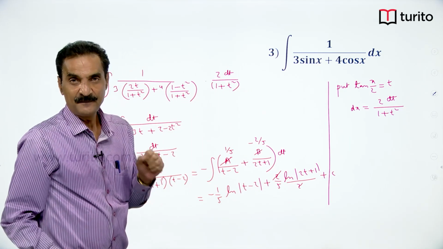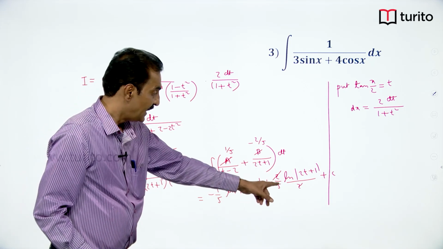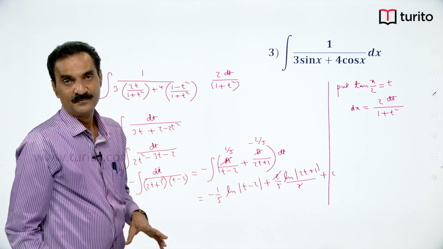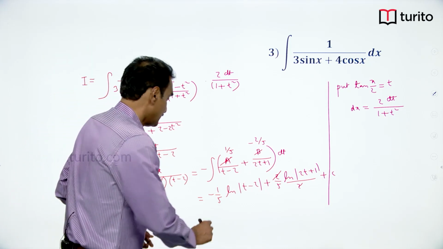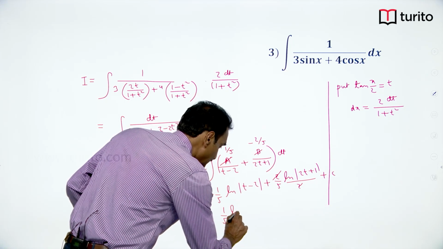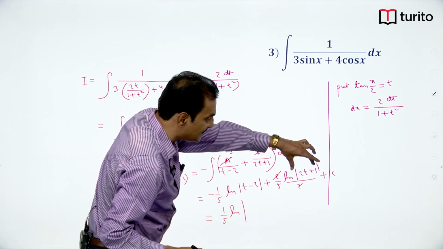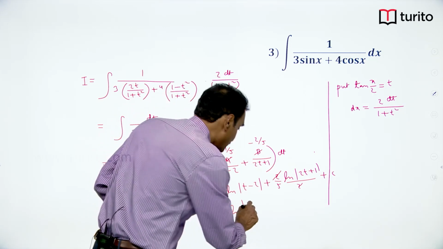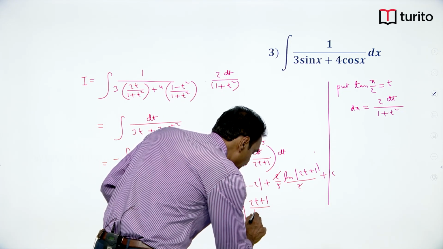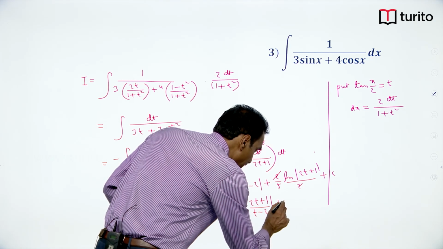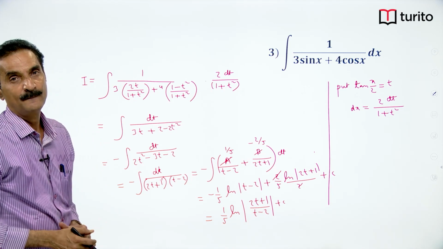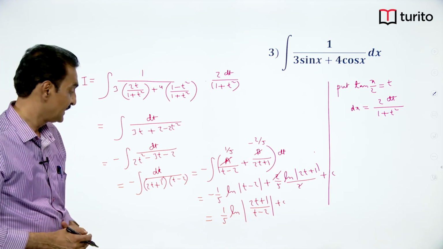Now, you can simplify further. Taking 1 by 5 common, it becomes log a minus log b, log a by b. 1 by 5 into log mod a by b means this by this, 2t plus 1 by t minus 2 plus c. Substitute t is equal to tan x by 2. Okay?